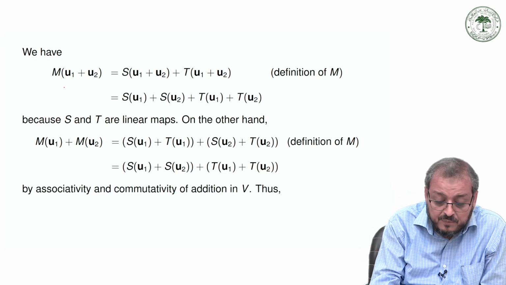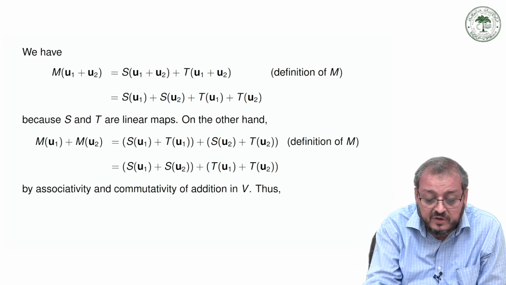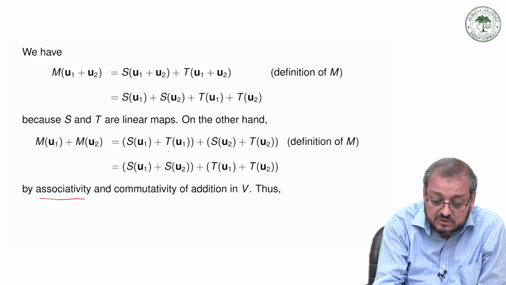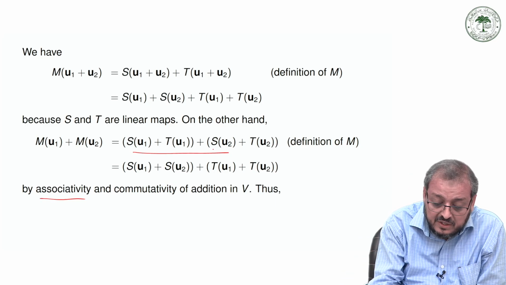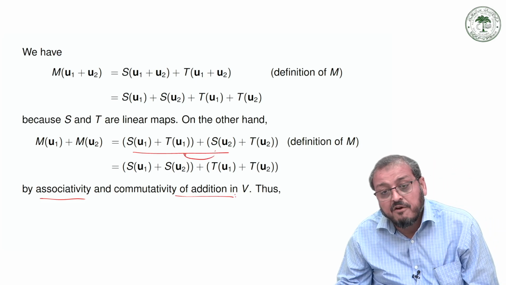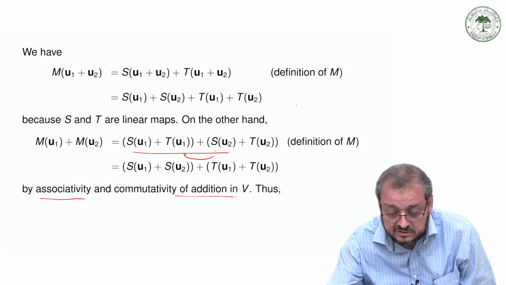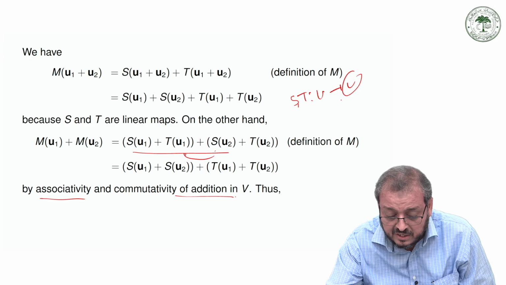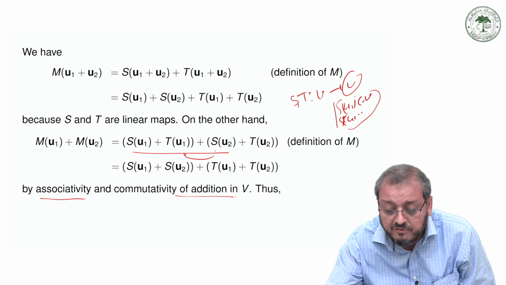Now we use associativity and commutativity. We first use associativity, then we use the commutativity of vector addition in V, because s and t are maps from U to V, so s of u1 is an element of V, t of u1 is also an element of V, and V is a vector space.